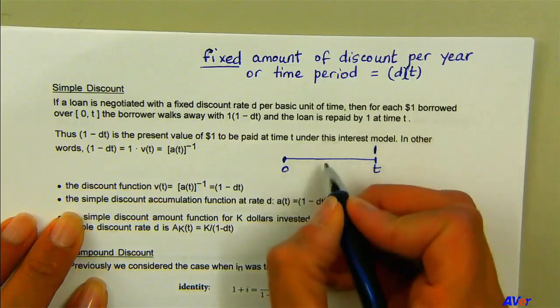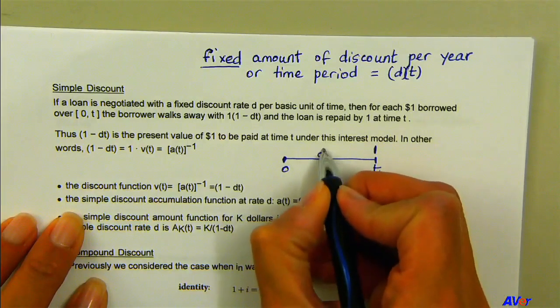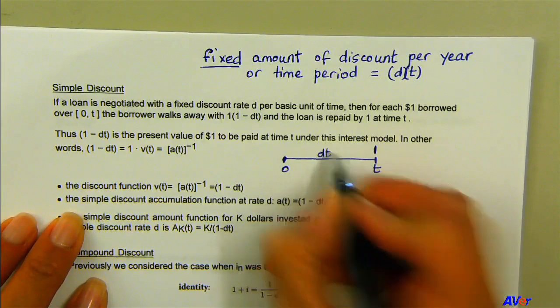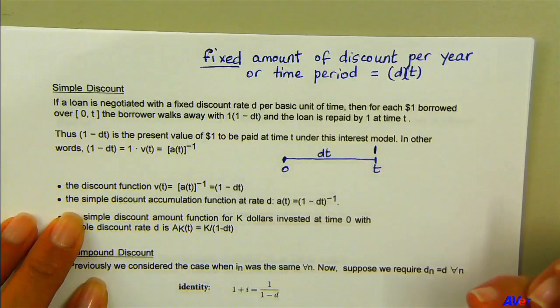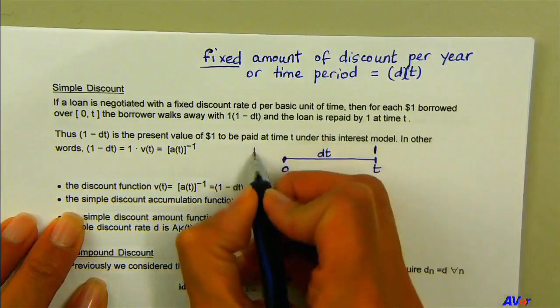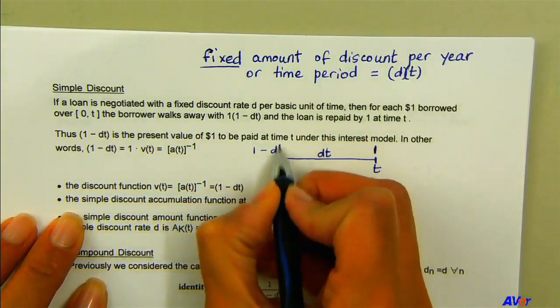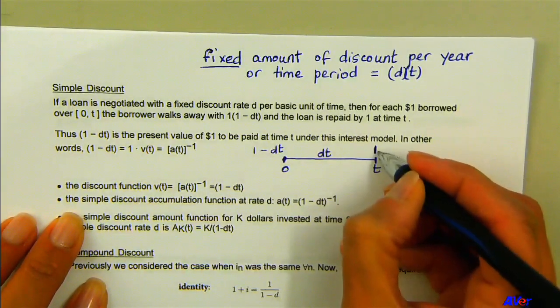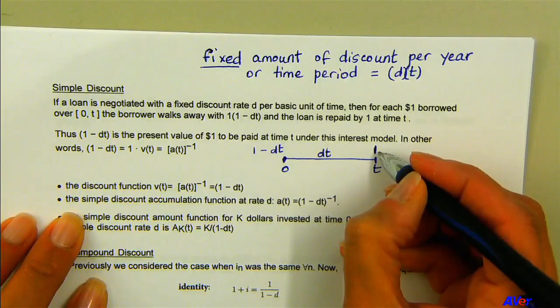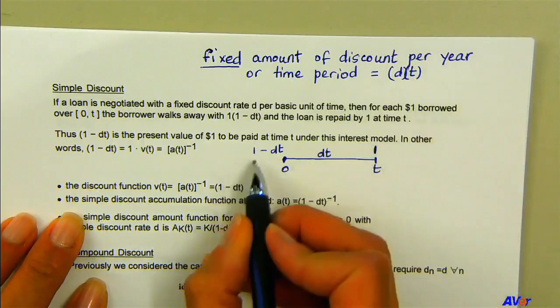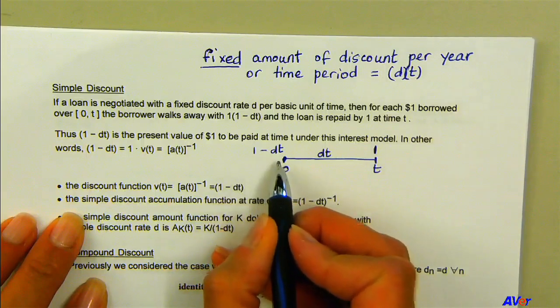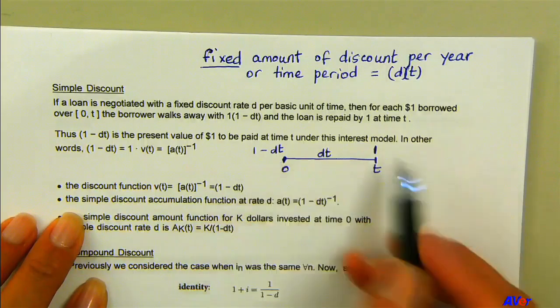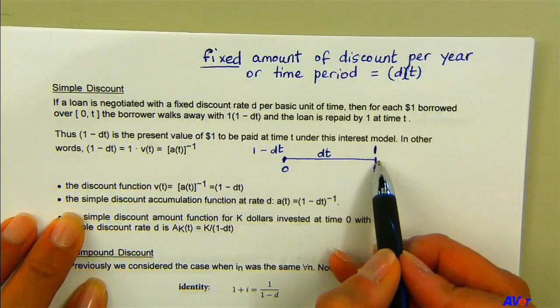And so we're saying that dt is the charge, and you will walk away with 1 minus dt. So if you borrow $1 at a discount rate d, you will walk away with 1 minus d times t, and that means that you owe $1 at time t.